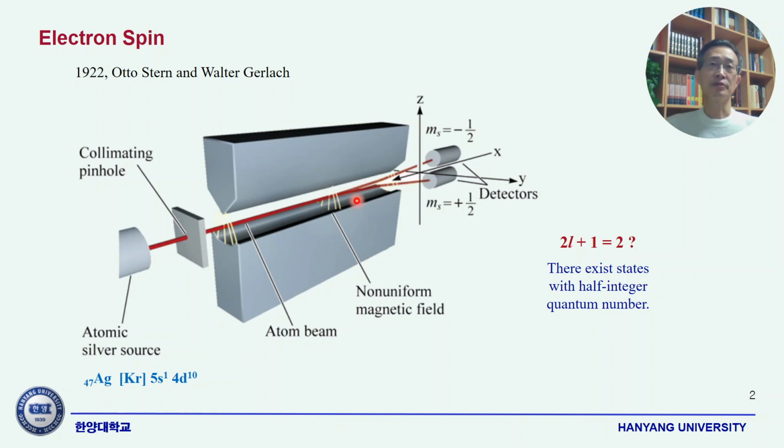Now, this electron itself has only three coordinates, x, y, and z, which means it has 3 degrees of freedom, reflected in the quantum number symbols. The principal quantum number is 5 for this silver atom, the electron in 5s1, and the angular momentum quantum number is 0. And obviously the magnetic quantum number is 0. So this is a 5s electron.